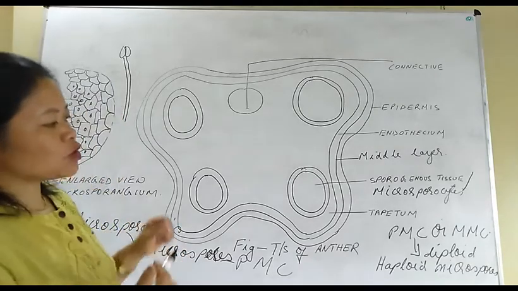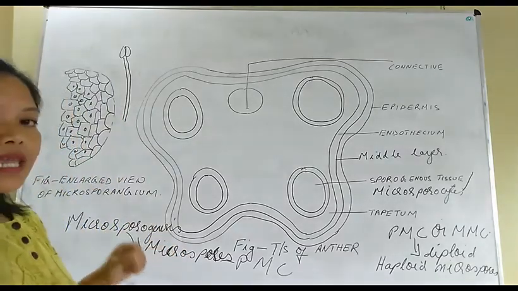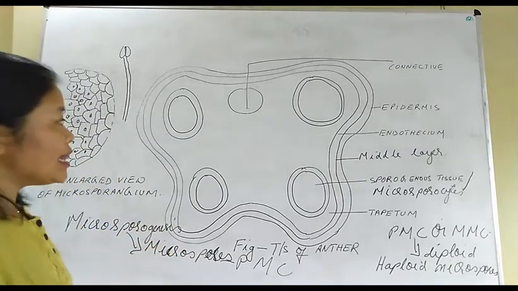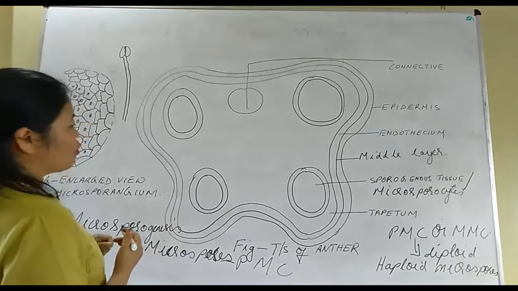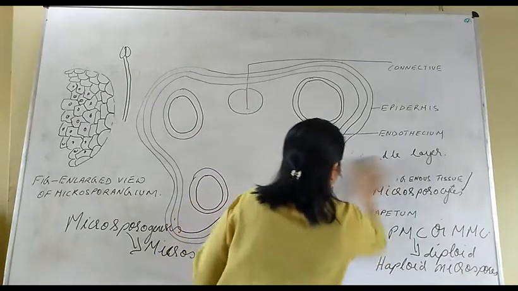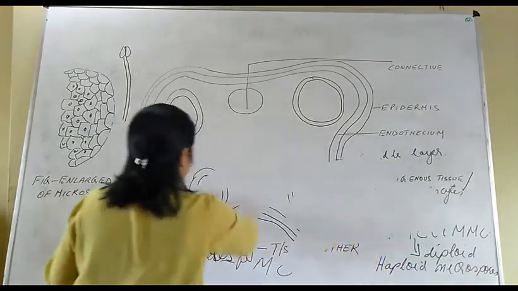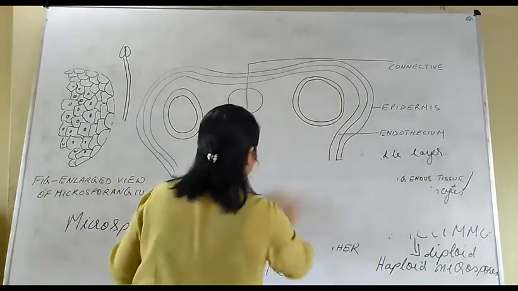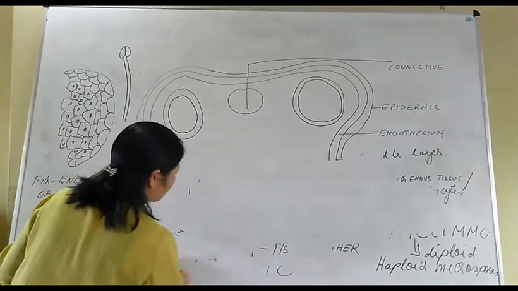So each microspore, again, what happened? They get separated out and form a thick outer wall. I'll just show here what happened to the microspores.